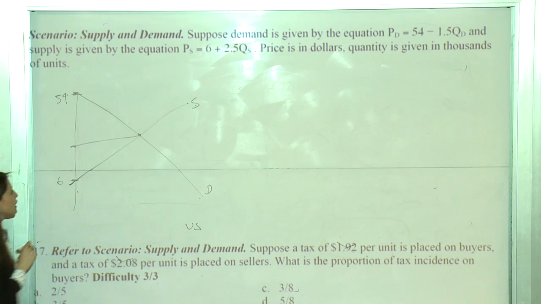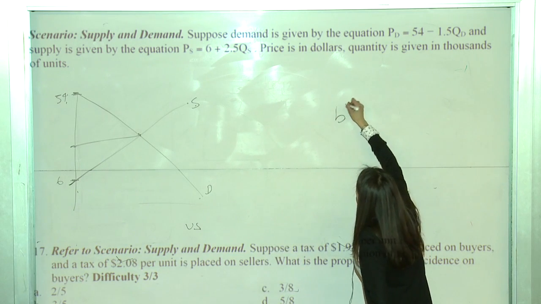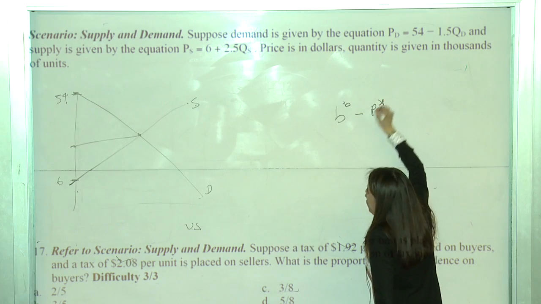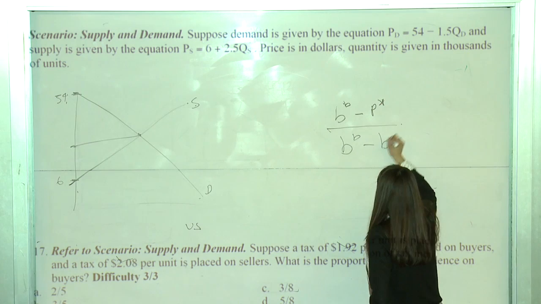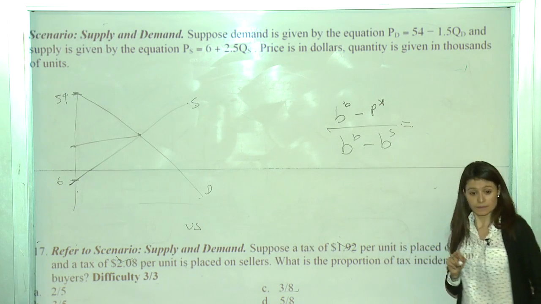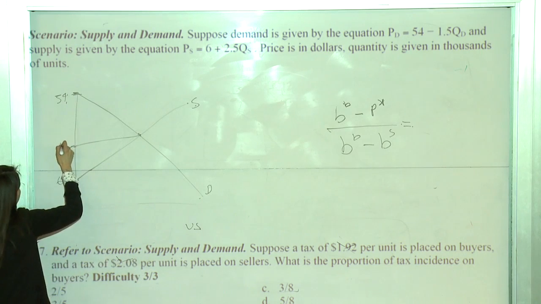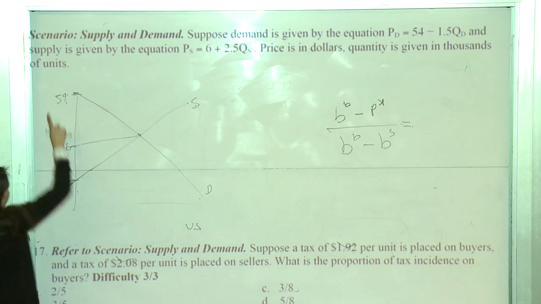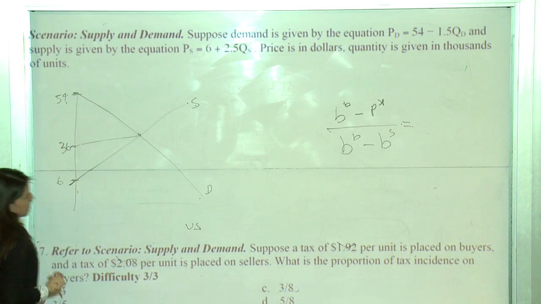And you need to calculate the tax incidence on buyers, which will be B of the buyers minus the equilibrium price over B of the buyers minus the B of the sellers, okay? Is this ratio of this difference, 36, the difference between 54 and 36 over the difference between 54 and 6, okay?